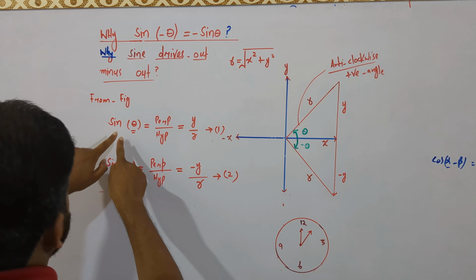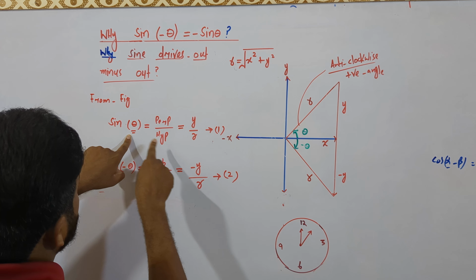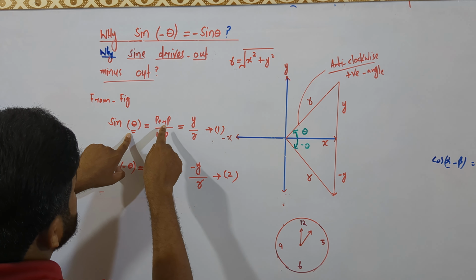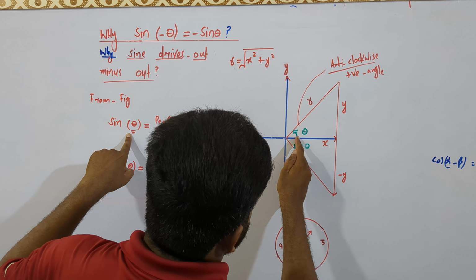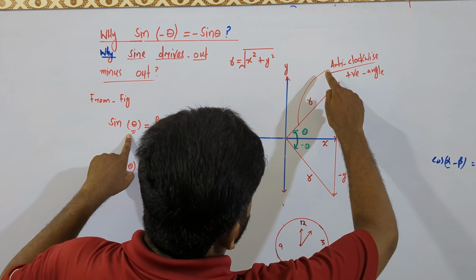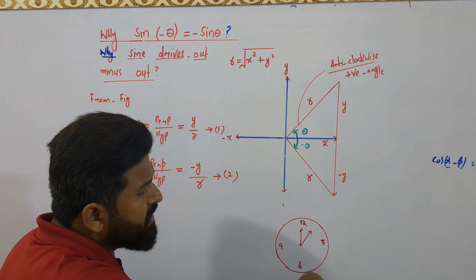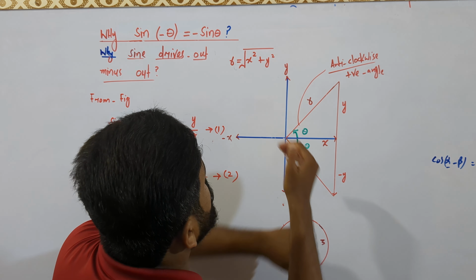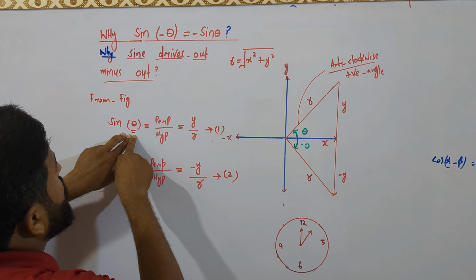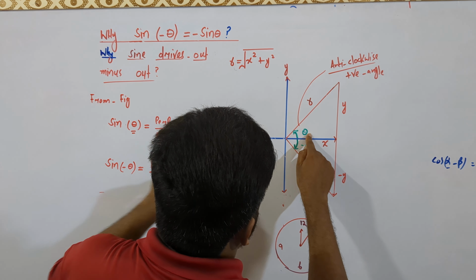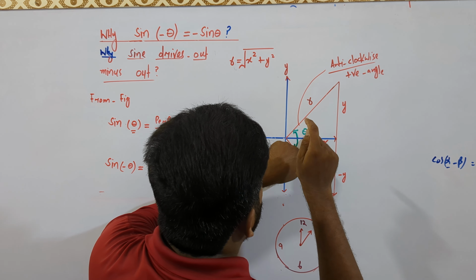We know that sine theta is equal to perpendicular over hypotenuse. With respect to theta, what is the perpendicular? Come here in the figure. That is theta in the anti-clockwise direction, and anti-clockwise means opposite to the clock. The perpendicular with respect to theta is the line in front of theta.